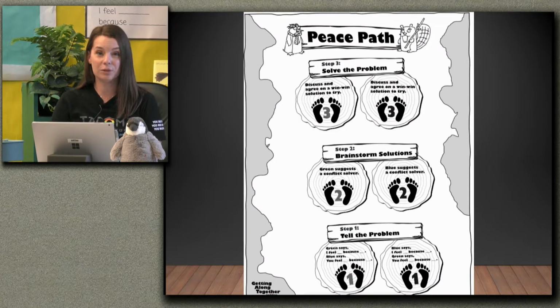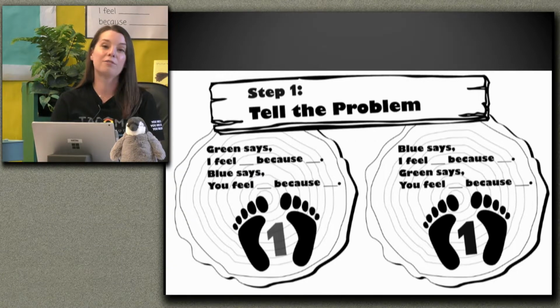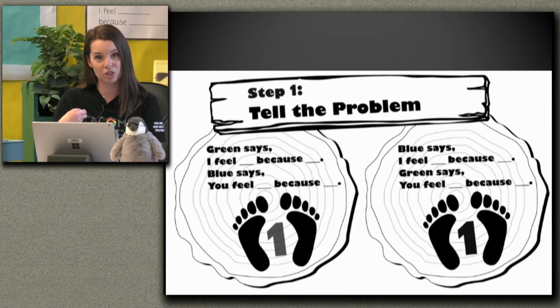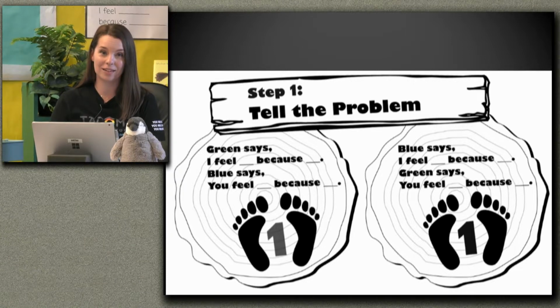We're going to review the steps to the peace path. There's 3 of them. The first step is to tell the problem. This is where you think of and share your I message, sharing with the other person how you feel. It's important to use an I message because it gives us an opportunity to own our emotions and to tell the other person how we are feeling and why.